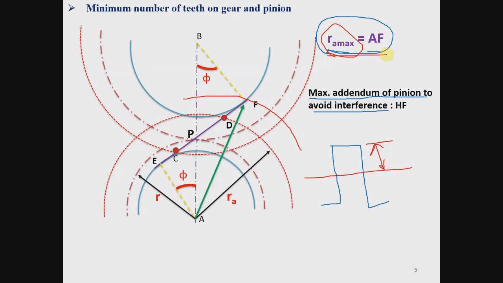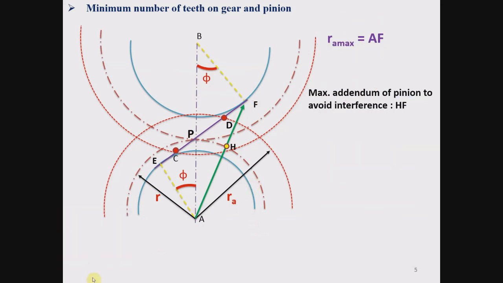So the maximum value of addendum circle radius of pinion is equal to distance AF. Then on this line we will get the maximum addendum. So show the point H on the pitch circle of pinion. On this line AF, mark point H on the pitch circle of gear 1. Now what is distance HF?